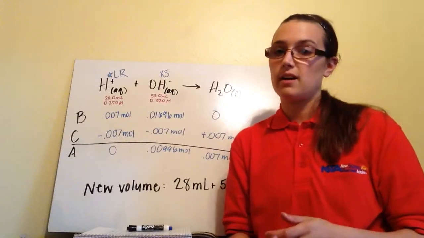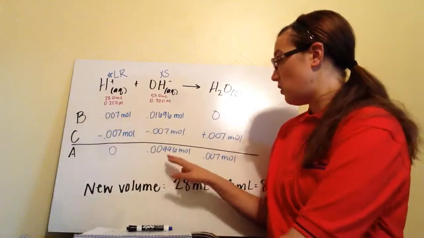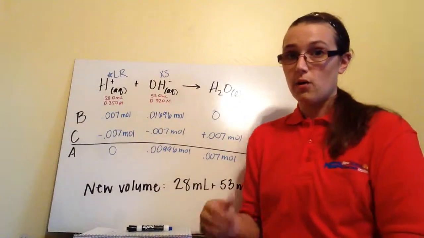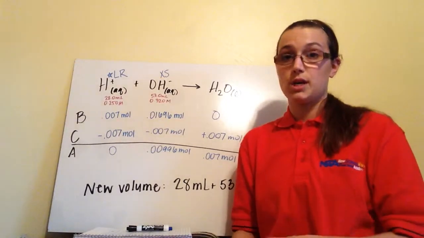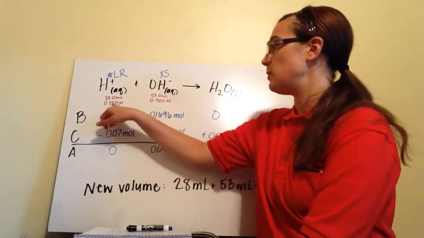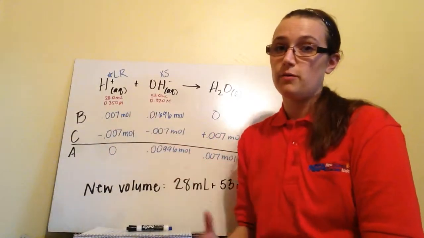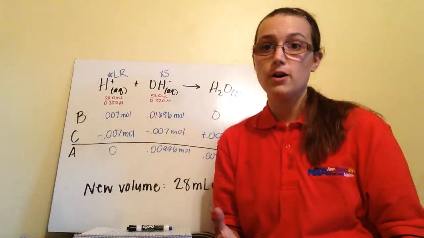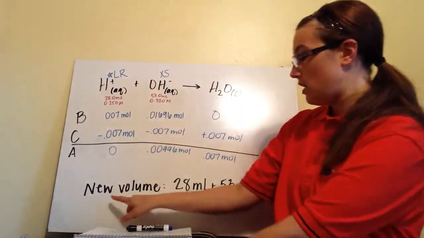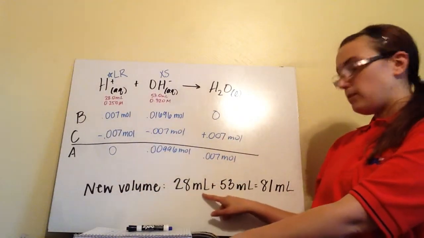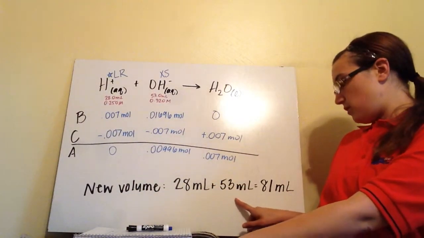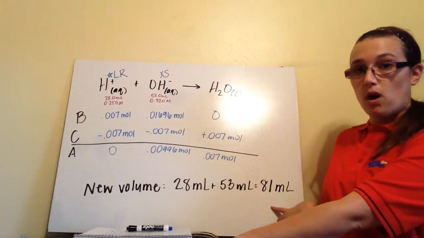Now we just have to work on calculating the molarity. Right now we know our moles. What we need now is our volume. So if we think back to initially, we had a volume of H+, we had a volume of OH-. The new volume is going to be those added together. So 28 milliliters plus 53 milliliters equals 81.